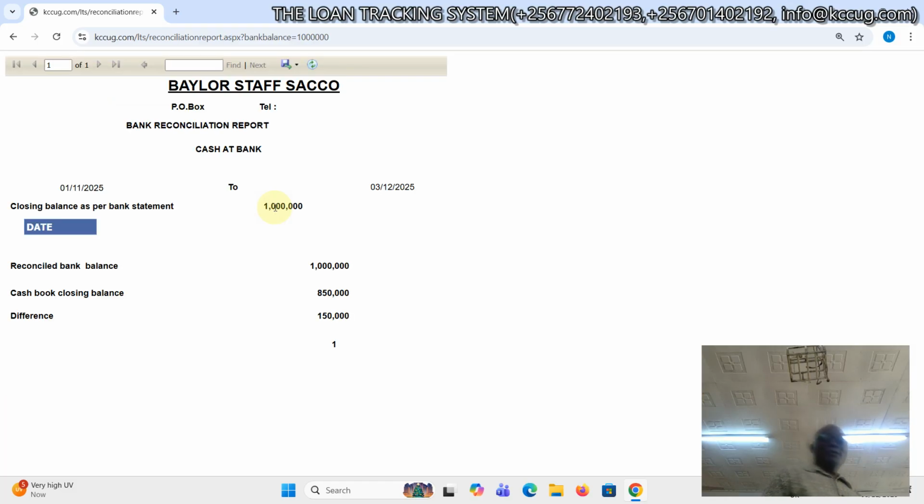Okay. So the computer is going to prepare a summary of the bank reconciliation. Okay. So if the bank reconciliation is correct, this difference will be 0.